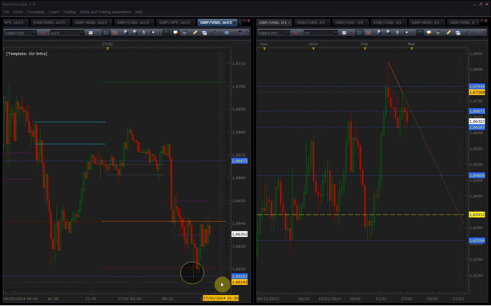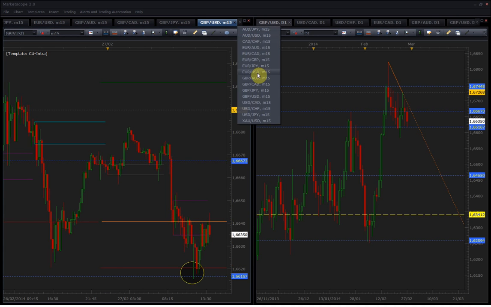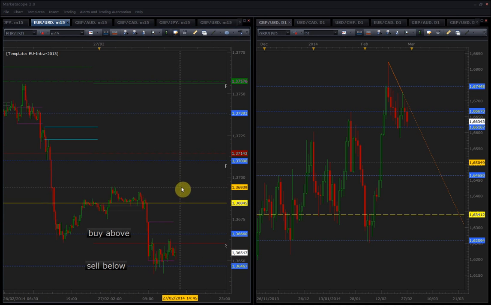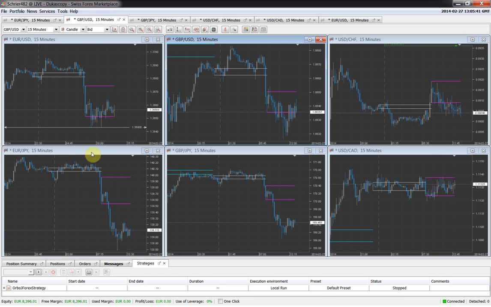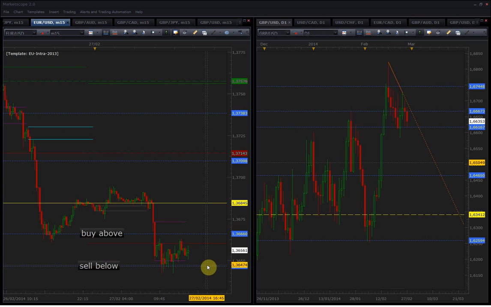But if you compare pound dollar to euro dollar, you see a big difference, right? So what we are gonna do is put the orders and let's see what happens. Nothing else to do. Follow the plan and follow the rules.